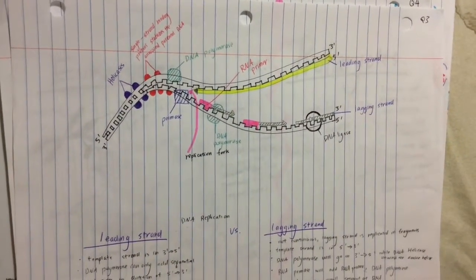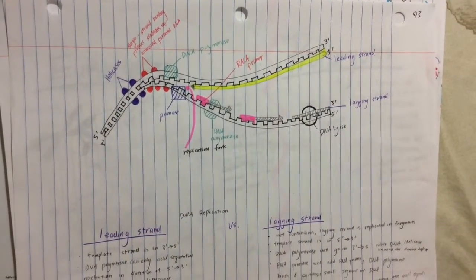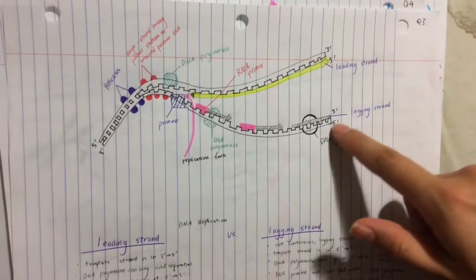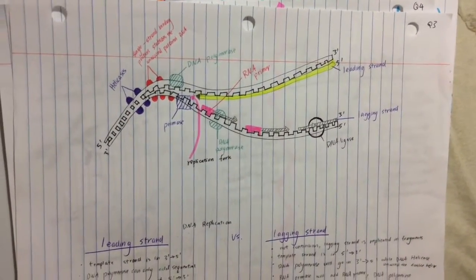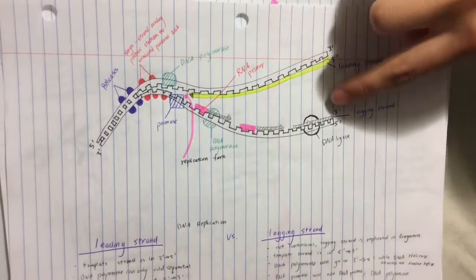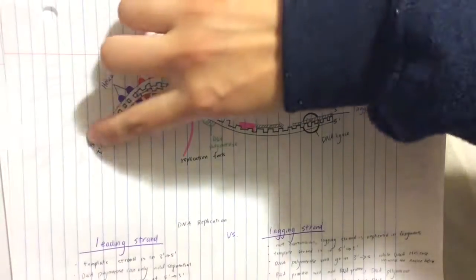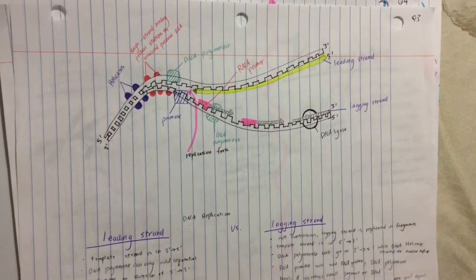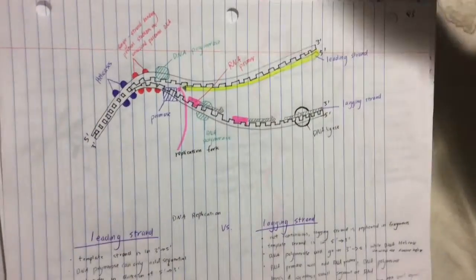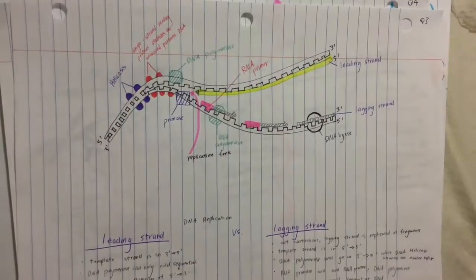The lagging strand template will be read in the 5' to 3' direction, while the DNA polymerase will go in the 3' to 5' direction. At the same time, the DNA helicase will unwind the double helix, which is right here.